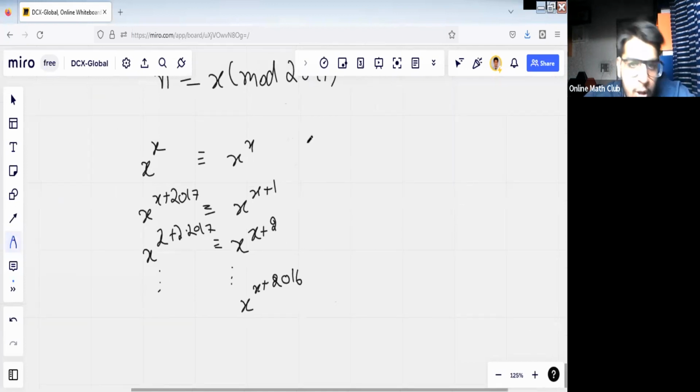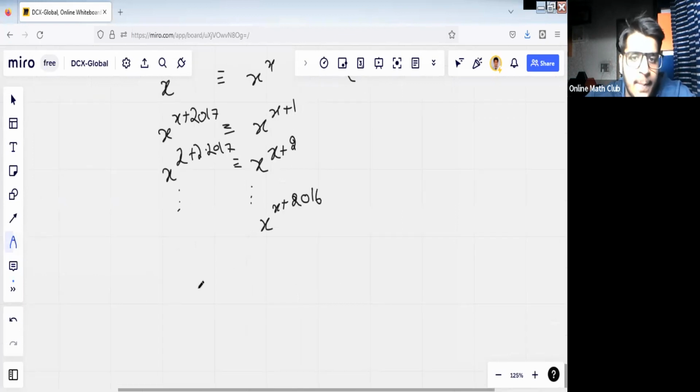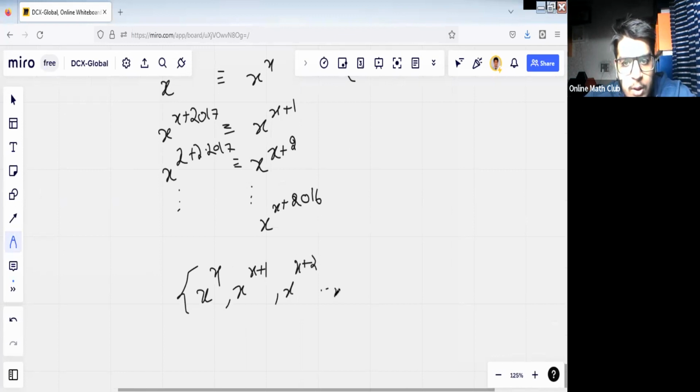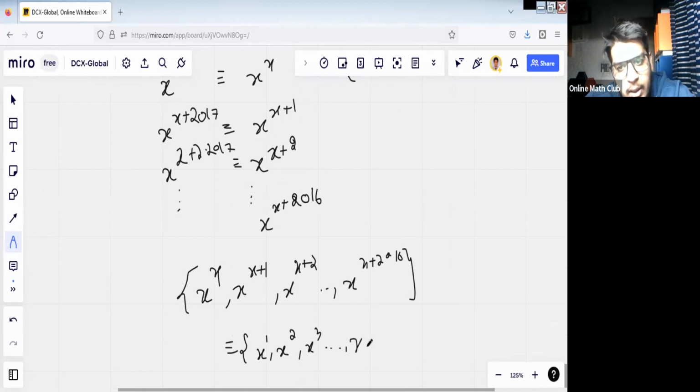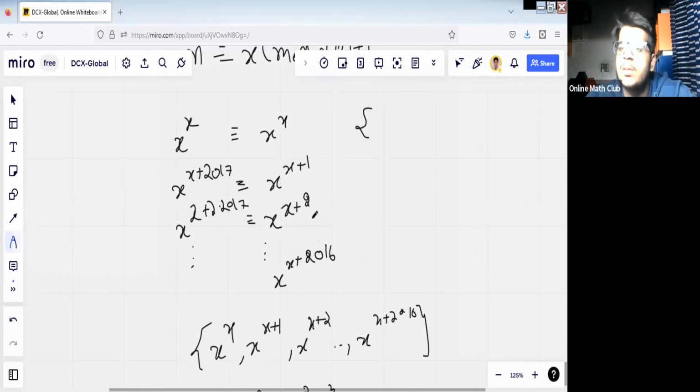Not one of them. Okay, one second. So now you have this set. Notice that the set x to the power x, x to the power x plus 1, x to the power x plus 2, until x to the power x plus 2016 is the same as the set x to the power 1, x to the power 2, x to the power 3, until x to the power 2015.